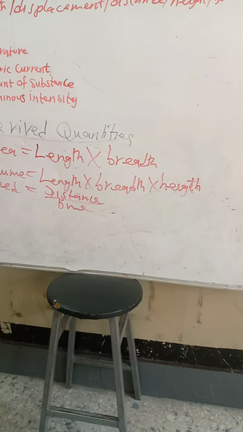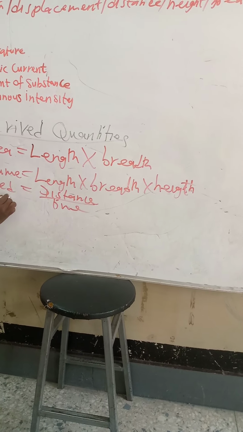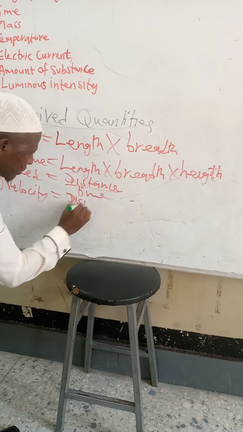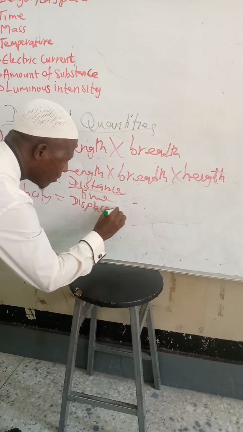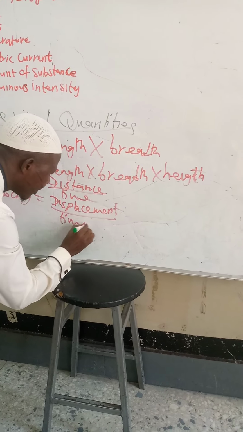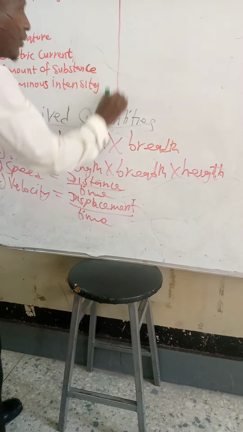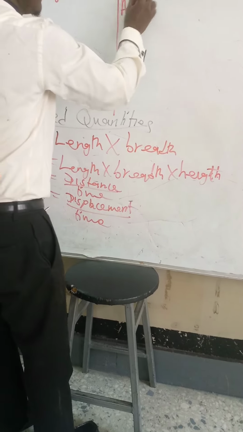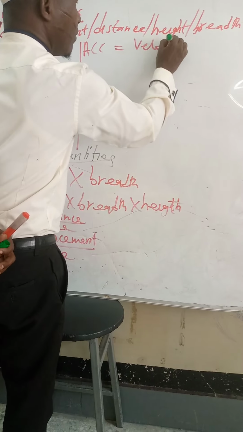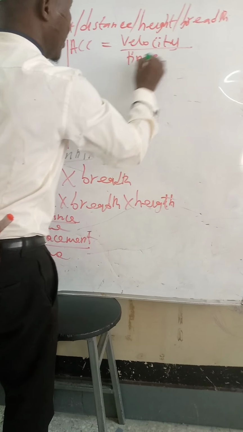Then we have velocity. Velocity is from displacement over time. Then we have another one. We can still have acceleration, which is from velocity over time. So we have many.